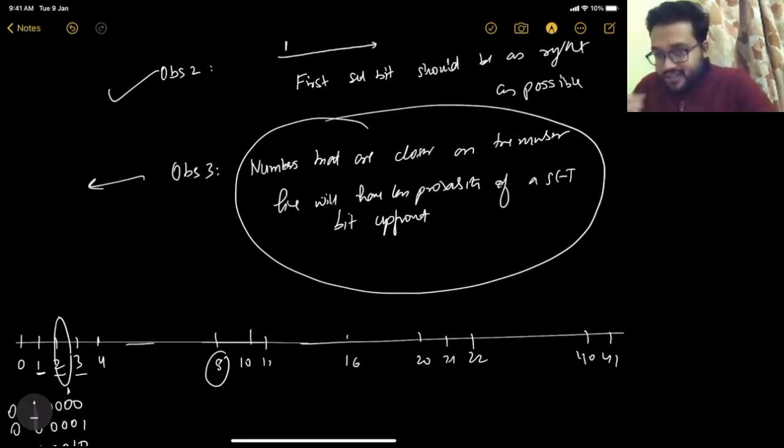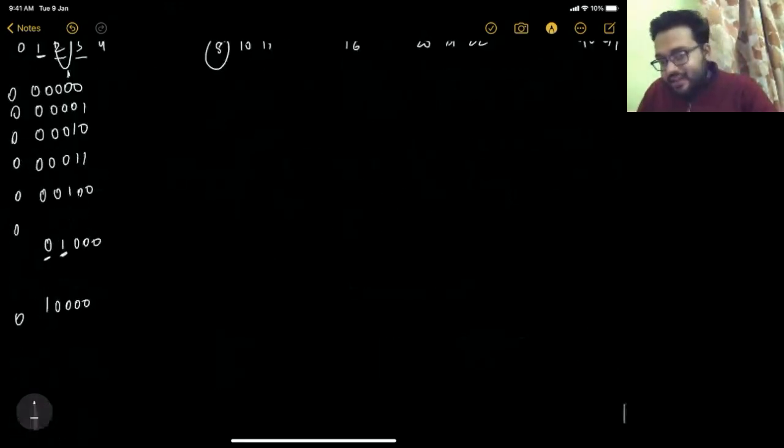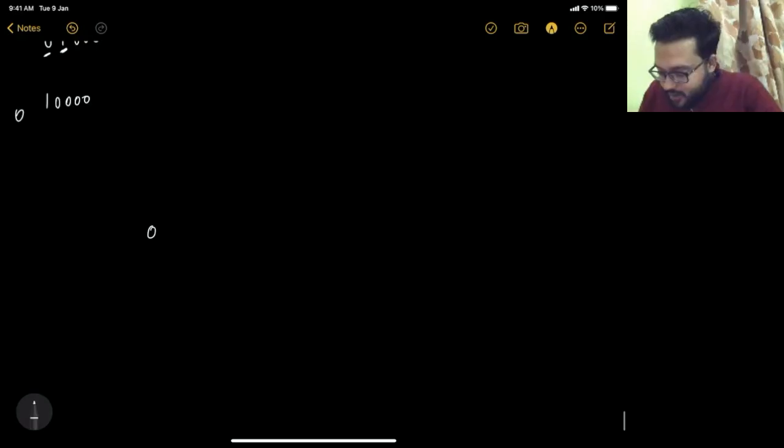What does this claim say? This claim says that, hey man, forget about any other pair, only look at the adjacent pairs. How many of you appreciate this, guys?